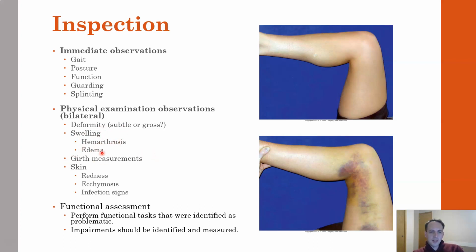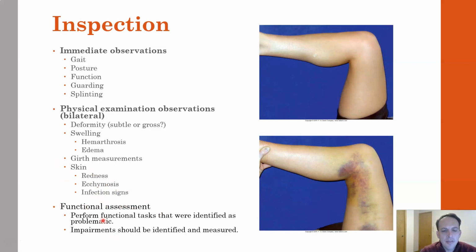Inspection will also include girth measurements. This can be anything from measuring swelling to measuring muscle mass, comparing bilaterally to see if there are increases in joint girth that would indicate swelling, or decreases in muscle girth that might indicate atrophy. We also assess the skin for redness, signs of infection, as well as ecchymosis or more bruising.